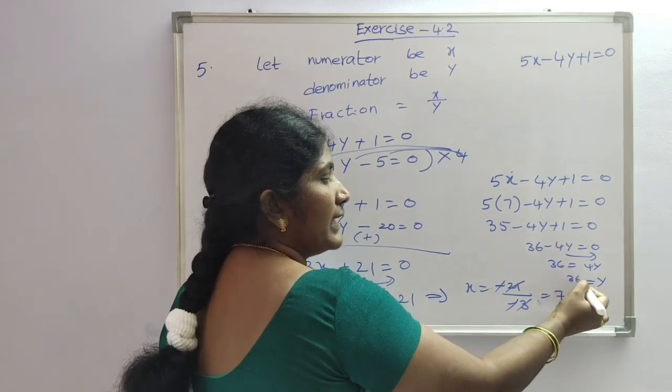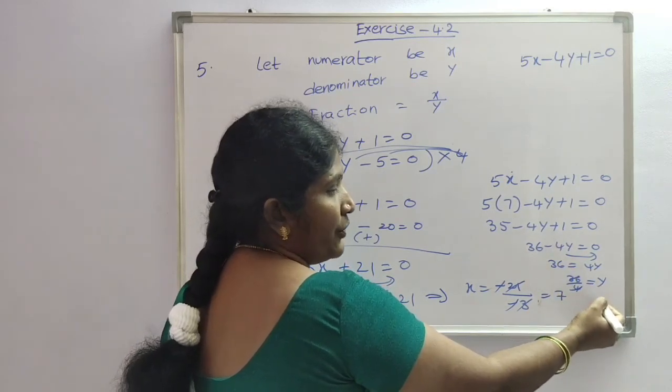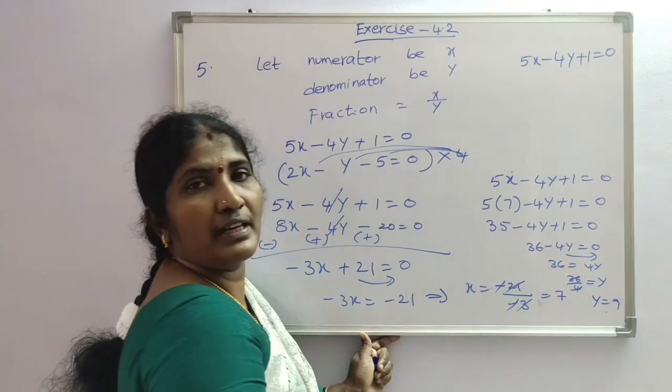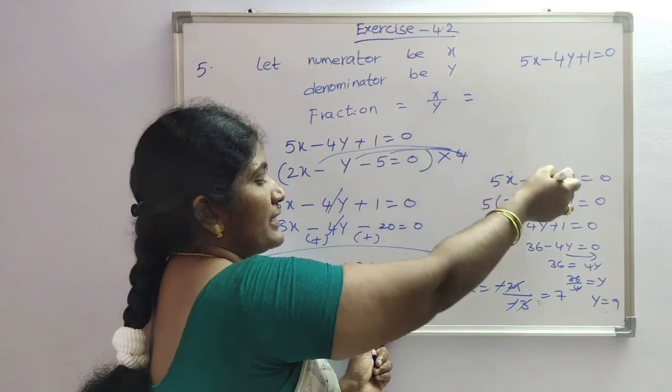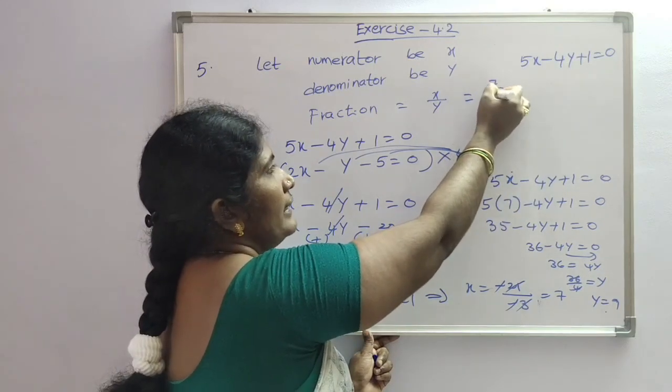Y is equal to 36 by 4. 4 ones 4, 4 nines 36. Y is equal to 9. X is 7 and Y is 9. Therefore, the fraction is equal to 7 by 9.